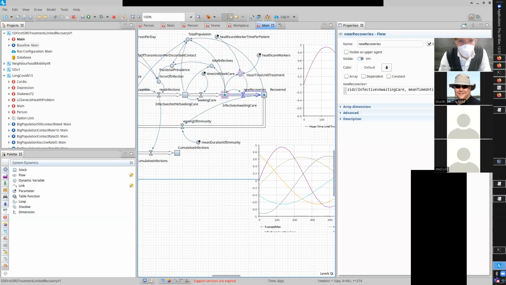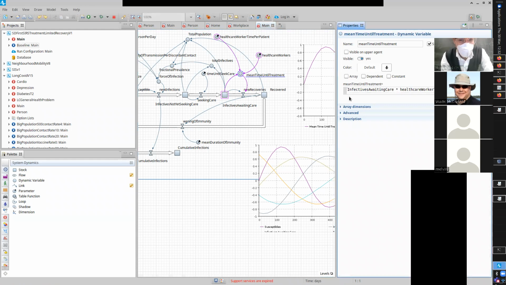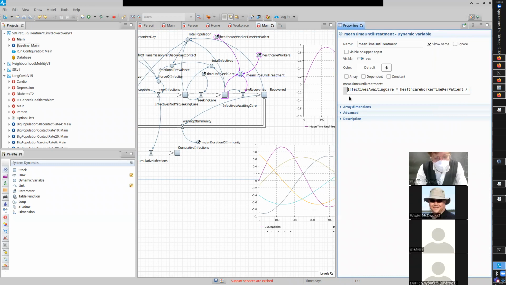Okay, well, such is the price of innovation. We're going to say here that, okay, this is ugly, but it will do. For mean time until treatment, I'm going to say that it can be no shorter than, what should we say?